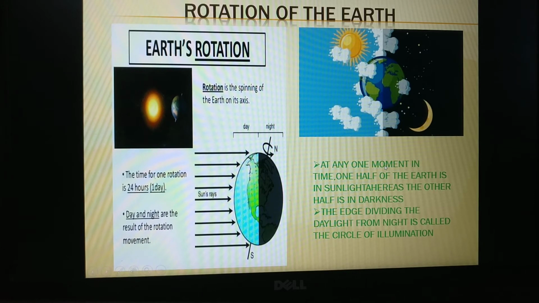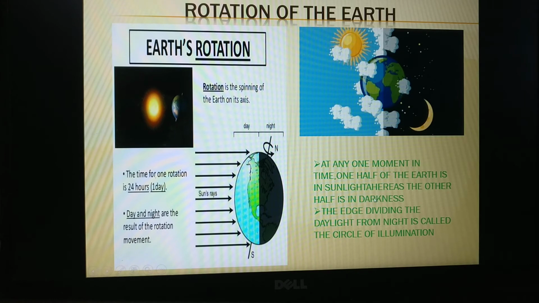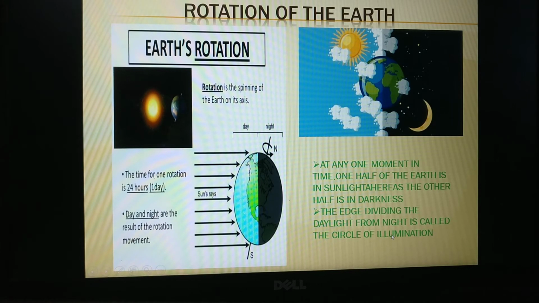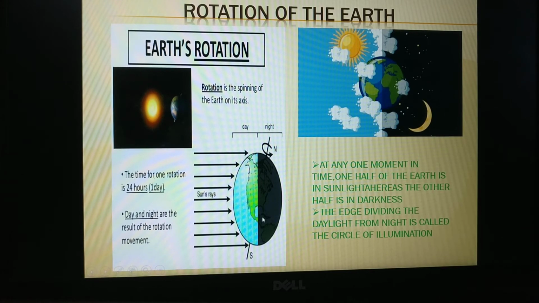At any one moment in time, one half of the earth is in sunlight and the other half is in darkness. The edge dividing the daylight from night is called the circle of illumination. So this is the circle of illumination.